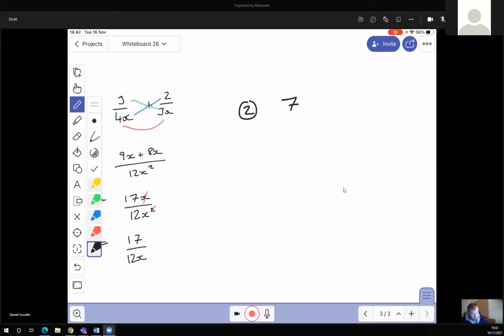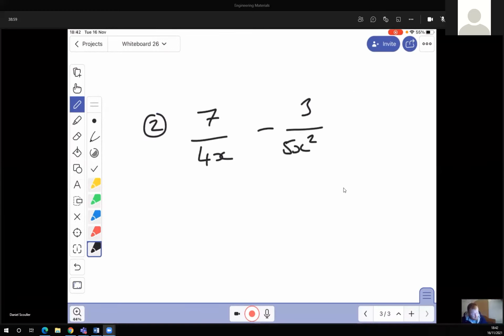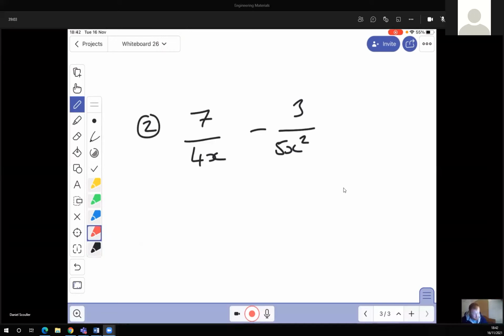Let's try this one. Okay. So an x term and an x squared term, same process. Multiplying down the bottom, multiply across, multiply across. Kiss smile. Okay. Bottom's going to give us 20x cubed.